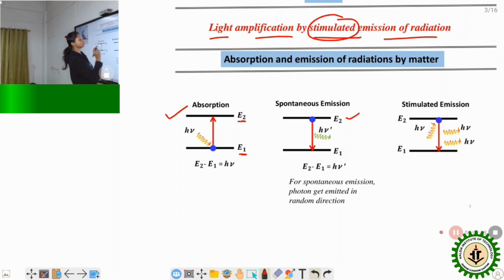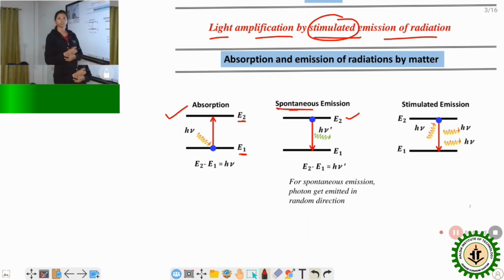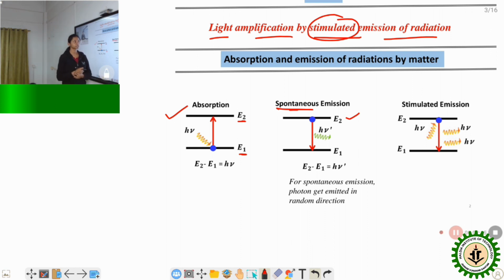When they come to the ground state, they give off radiation, and it is called spontaneous emission. Then what is stimulated emission? Stimulated emission is a little bit different from spontaneous emission. In spontaneous emission, the atoms at the excited state just come to the lower state and we get some radiation.